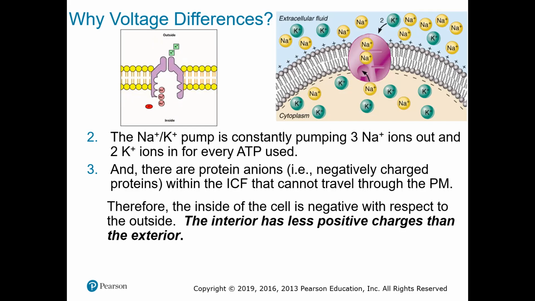The outside of the cell is positive. The inside is negative with respect to the outside. Positive outside, negative inside. Sodium outside, potassium inside. And don't get hung up on trying to figure out why you have positive ions on the inside and it's still negative. There are just fewer positives inside than there are outside, so we're considered negative.